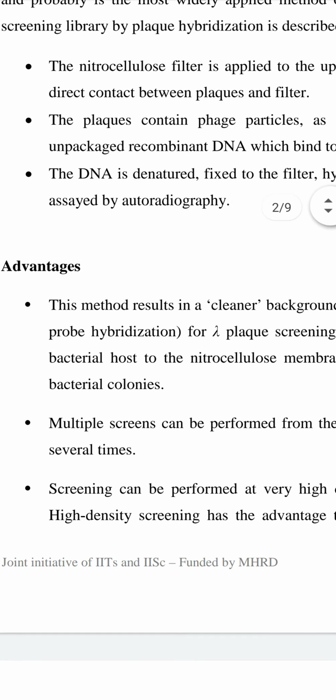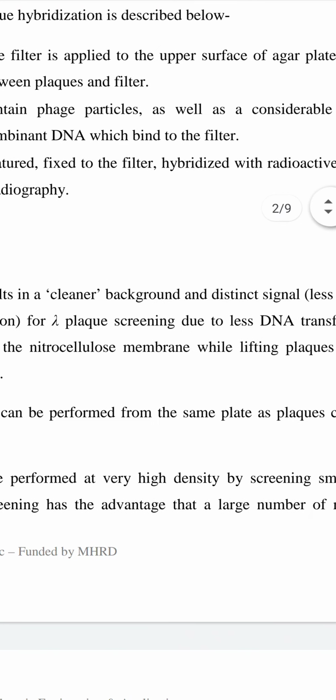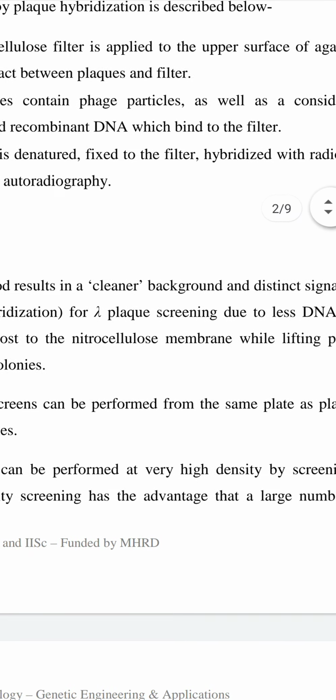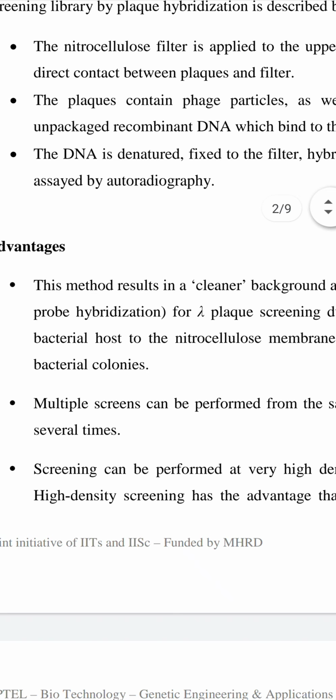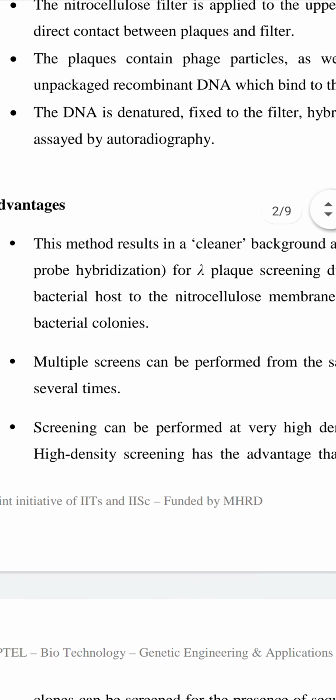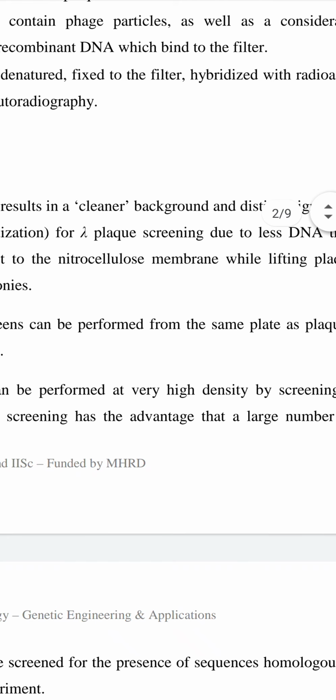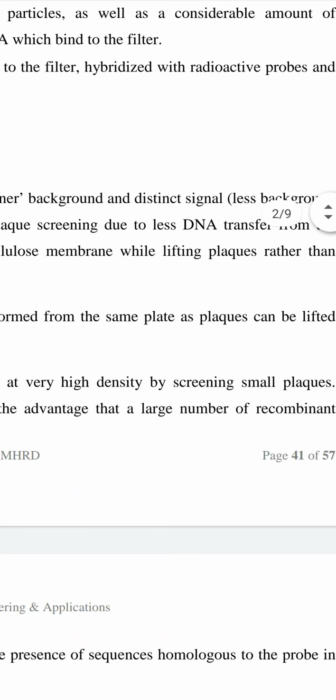Multiple screening can be done from the same plate, as plaques can be lifted several times. You can lift the plaques not only one time but many times. You can screen them by making contact of the plaques with the nitrocellulose filter membrane. Screening can be performed at a very high density by screening small plaques.